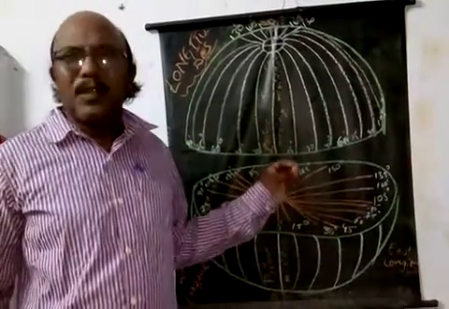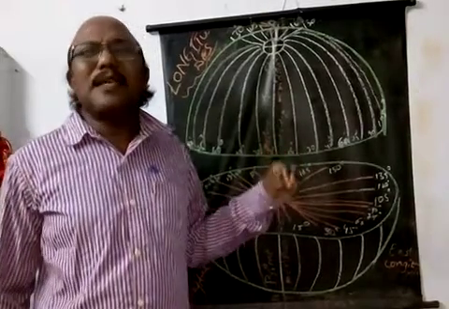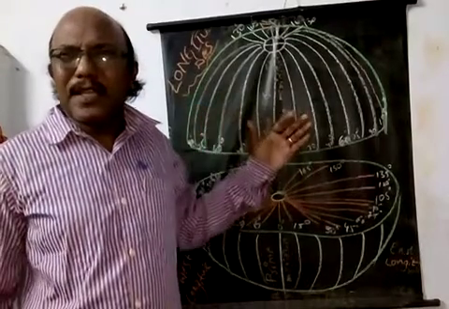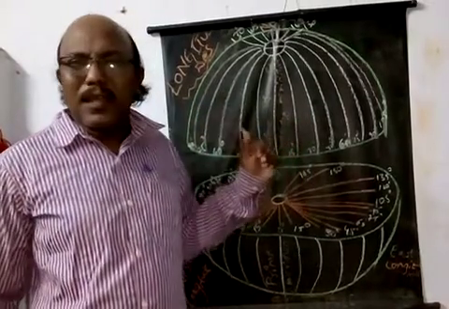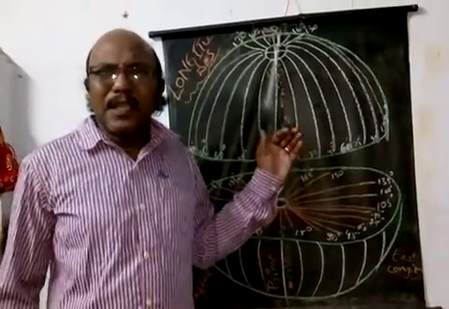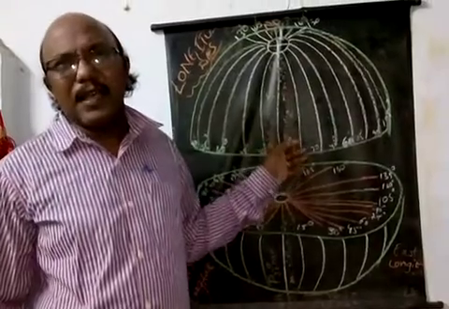Every country takes one longitude as its standard time. In India, the 82.5 degrees eastern longitude is taken as Indian Standard Time. It passes through Kakinada in Andhra Pradesh, then Chhattisgarh, Allahabad, and Mirzapur in India.